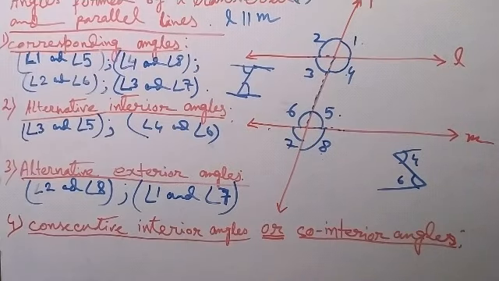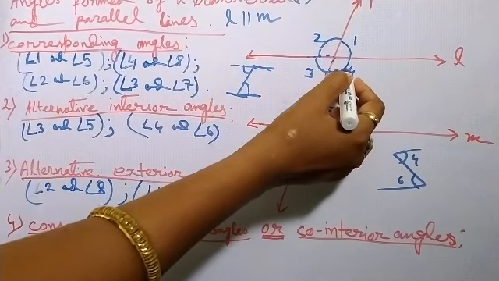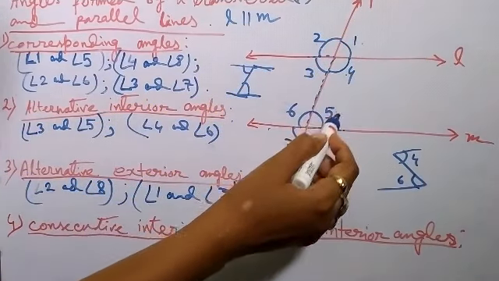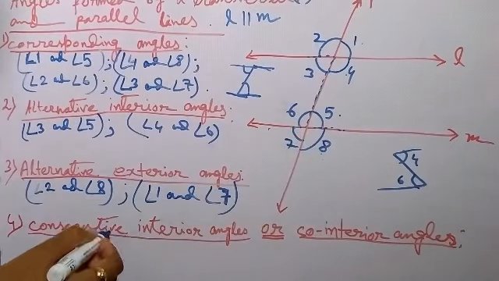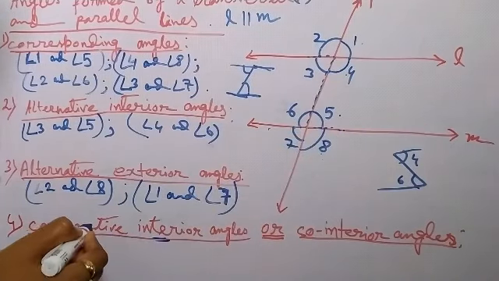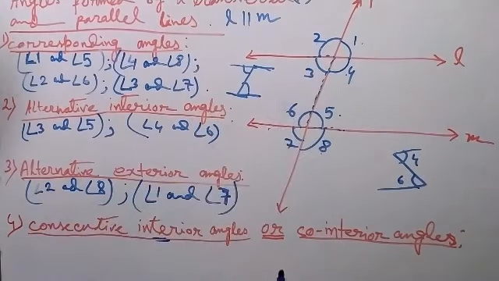Let's talk about consecutive interior angles. Consecutive means 1, 2, 3, 4, 5, 6. These all are consecutive numbers. That means here consecutive means 4 and 5. These are consecutive angles, 4 and 5. Interior means 3, 4, 5, 6. These are interior angles.